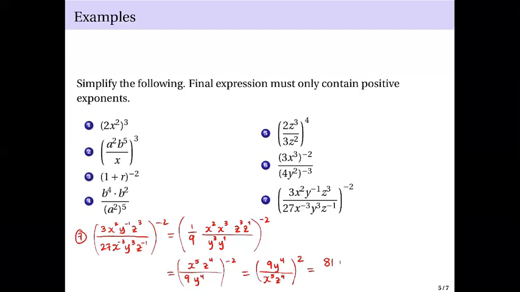So this becomes y raised to 8, divided by x to the 5 to the power 2. So you'll just have 5 times 2. Exponent of x will just be 10. And then z to the 4 raised to power 2. So you have 4 times 2 again there. You'll just have z raised to 8. And this is the final answer.